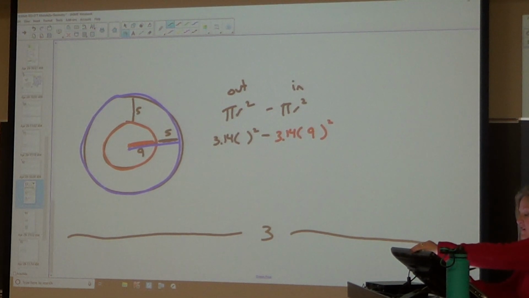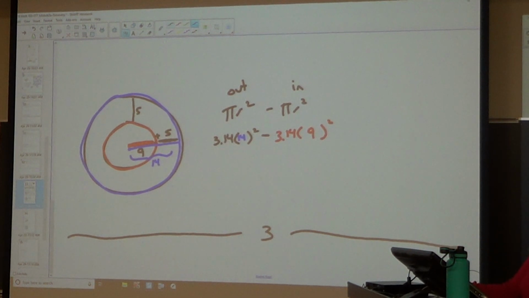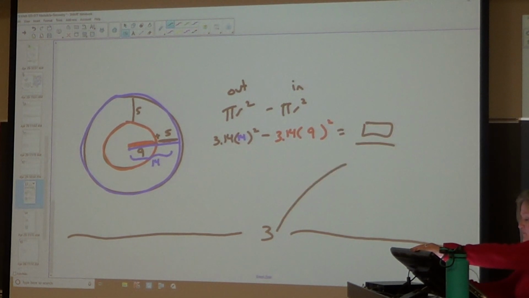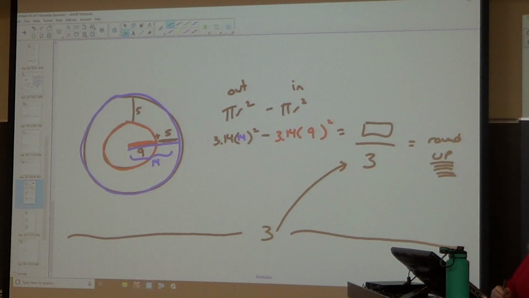So when you add those two together, that gives me a total radius of 14. You subtract those two, divide by 3, and then round your answer up no matter what.